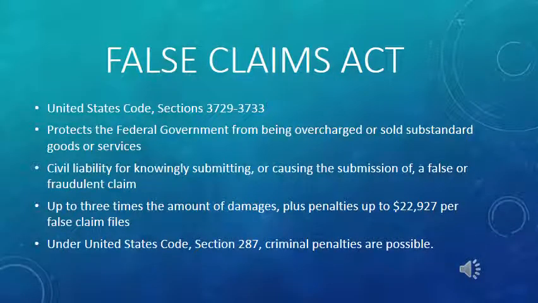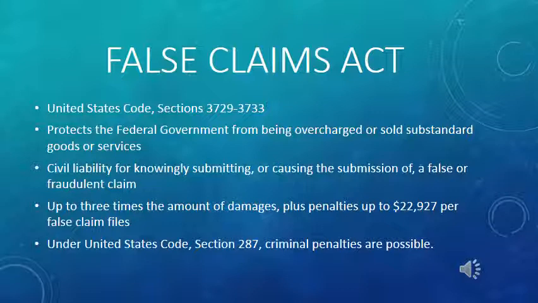The Federal Civil False Claims Act, found in United States Code sections 3729 to 3733, protects the federal government from being overcharged or sold substandard goods or services.